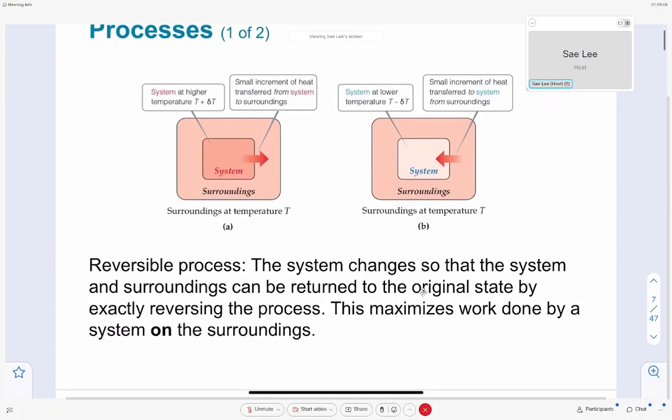All right. So we have looked at spontaneous and non-spontaneous process. Now we will learn about reversible and irreversible process.